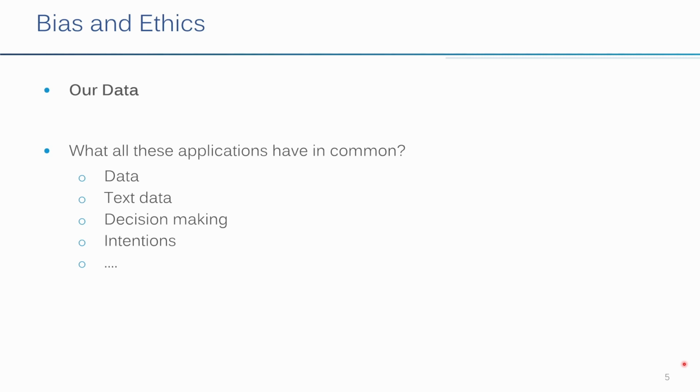If you think for a moment, you see that from the data to the actual decision making, for instance, we do have a huge impact on our society, whether we want that or not. So depending on which data you use to build your machine learning models, or what kind of text data supports whatever decision you might have, all of this doesn't end simply with a final classification, right? Things go way beyond that, and we should definitely be aware.